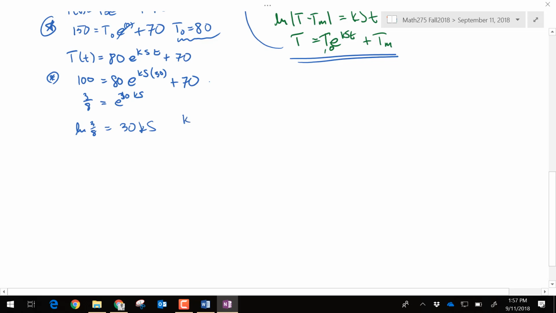And so I'm interested in looking for K. K is equal to 1 over 30s ln 3/8. This is an S, not a 5.